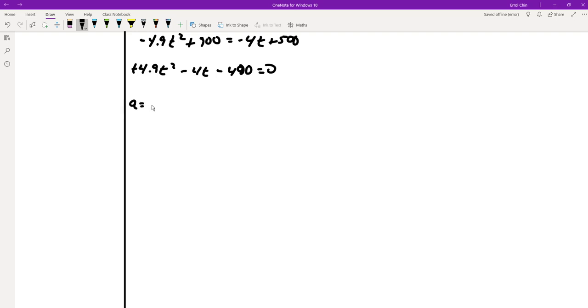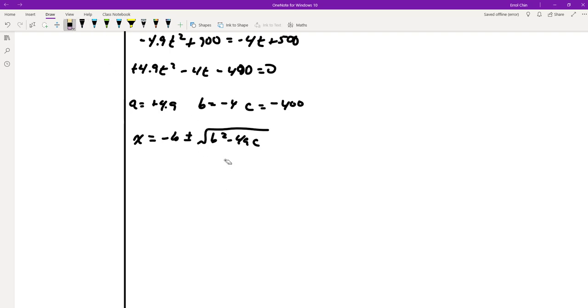I know my A value is positive 4.9. My B value is negative 4. My C value is negative 400. And then if you remember, the quadratic formula is x is equal to negative b plus or minus the square root of b squared minus 4ac, all over 2a.